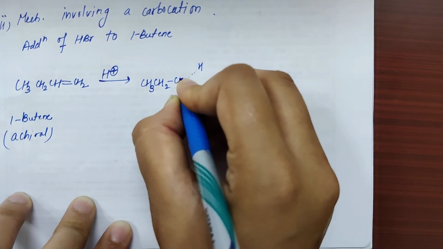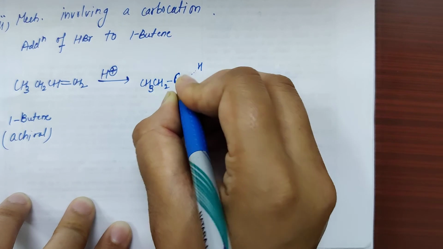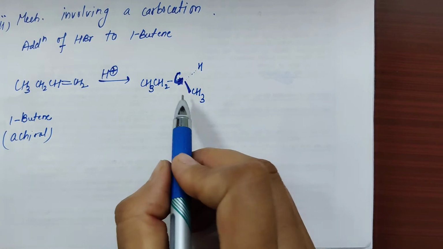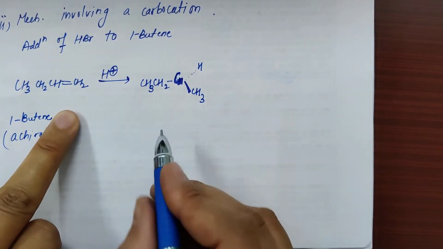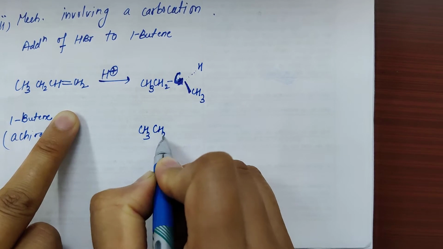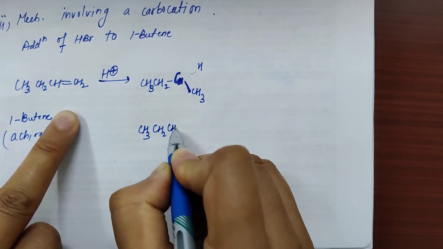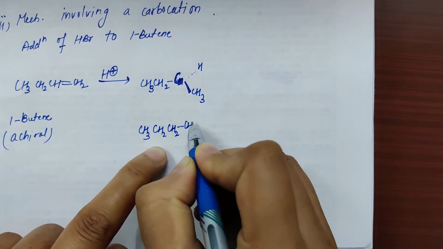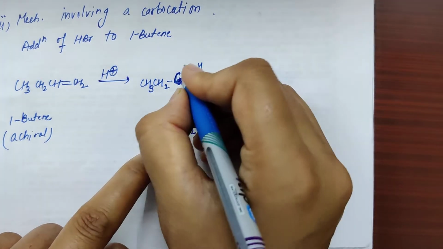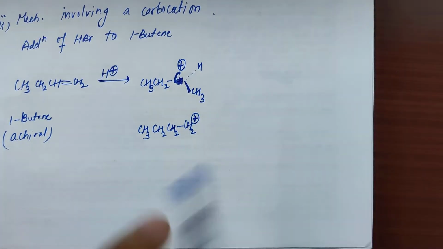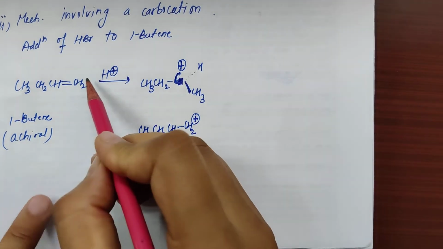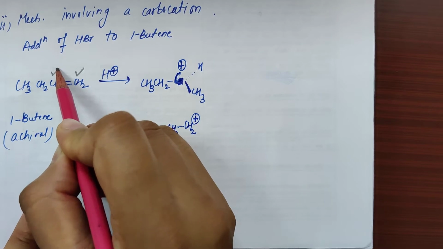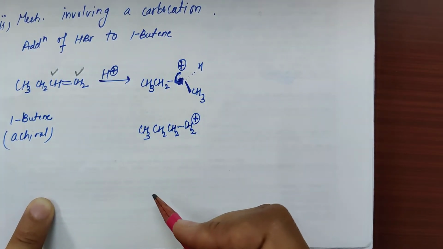No, I have already written the hydrogen here, so this should be CH3. So first I have written when the addition takes place on the first carbon; another possibility is hydrogen attached to the second carbon and you get a CH2 positive. Here this carbon will have positive charge. So you see the two possibilities: one where the proton attaches on this carbon, the other where the proton gets attached here. So you get two different kinds of carbocations.